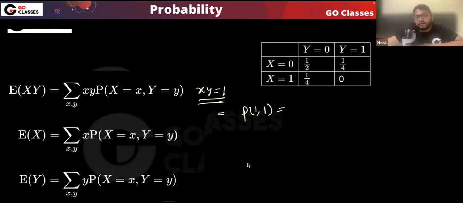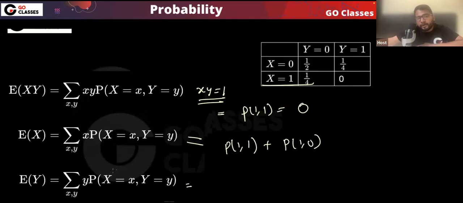Can anyone tell me directly what is the expectation of xy? This is very easy to calculate. Expectation of xy is P11, the probability of 11. Is this understood? Okay. How many pairs here will survive? Whenever x is 1, y can be 1 or y can be 0.